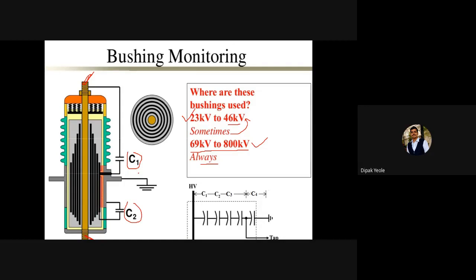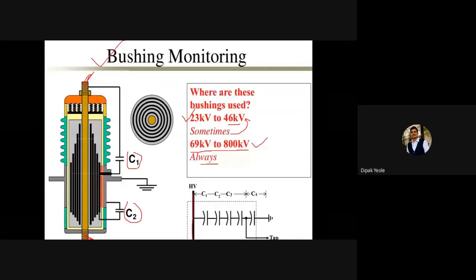We are using the capacitances C1, C2 and C3 for this particular high voltage to our tap end, or the component which is available for our particular transformer.